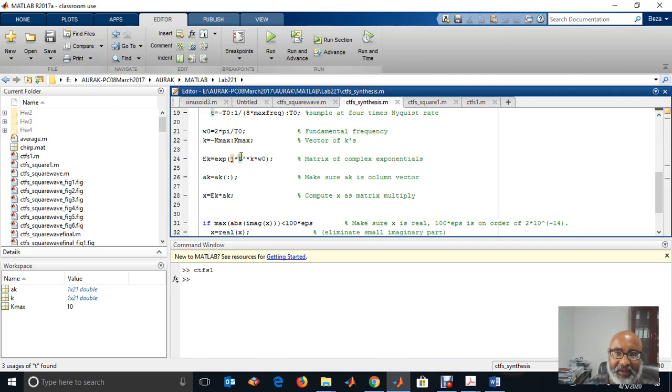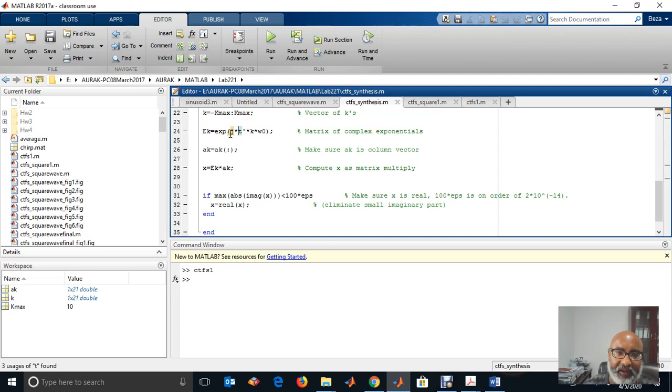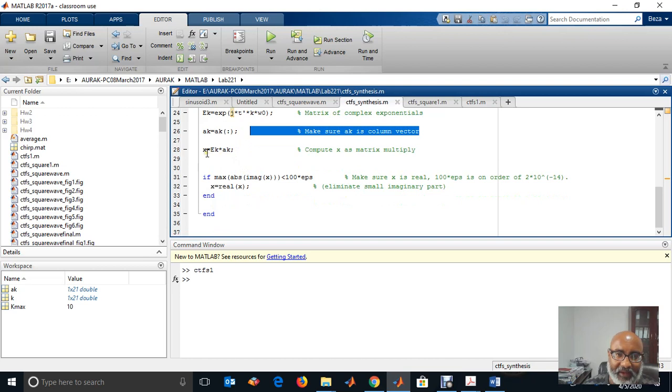So the size of t will be length of t by 1. It will be a column vector, length of t by 1, and k will be a row vector, 1 by length of k. Then if we define ek like this, we'll get a matrix which is length of t by length of k. Then after that we get the signal x of t.